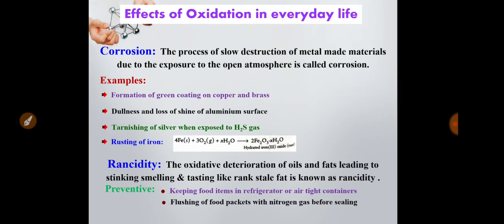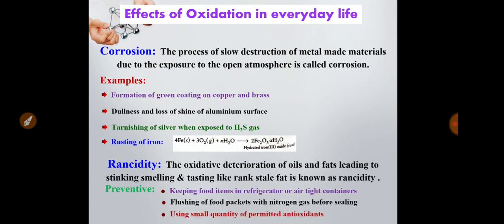The second one is flushing of packets with nitrogen gas before sealing. When food packets are sealed, there will be some nitrogen gas flushing, because nitrogen gas is non-reactive. It will not allow the moisture and oxygen of air to come in contact with the food items.